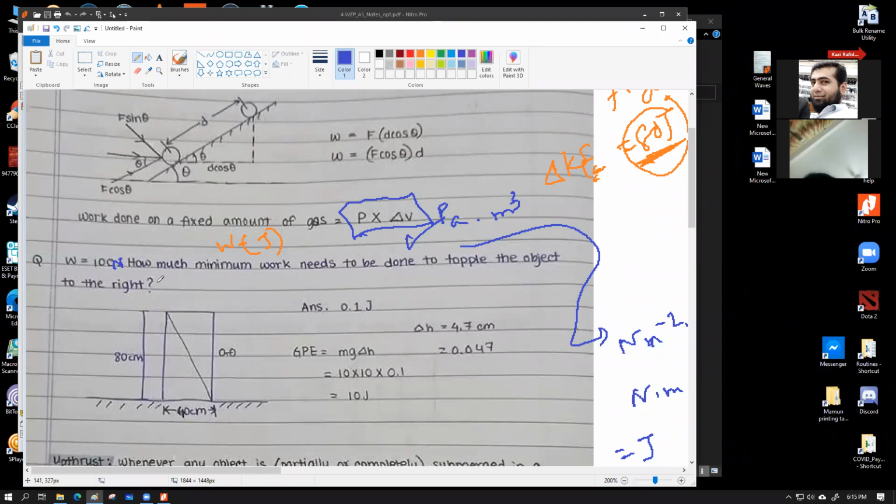Try in your copy. Take a copy and draw up this figure and do some scribbling. I want you kids to really try out this math.